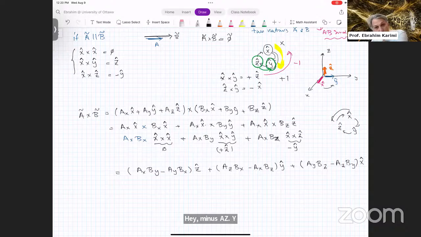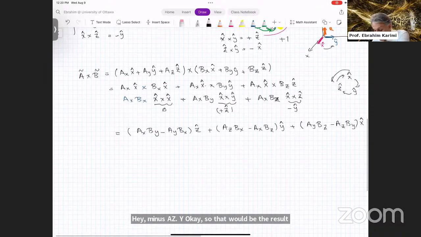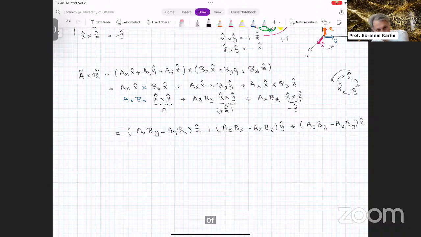Okay, so that will be the result that you will get for the cross product of A and B in terms of the algebraic approach.